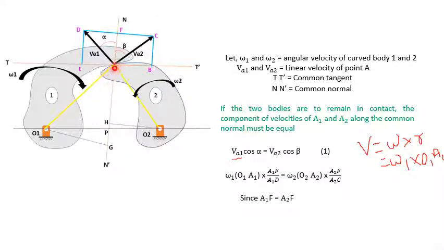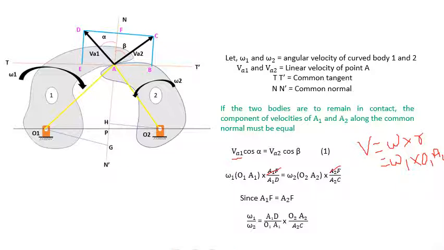Since A1F and A2F are equal, because this is the common side for both the triangles, the above equation after simplifying becomes: omega 1 by omega 2 is equal to A1D by O1A1, because these two get cancelled.